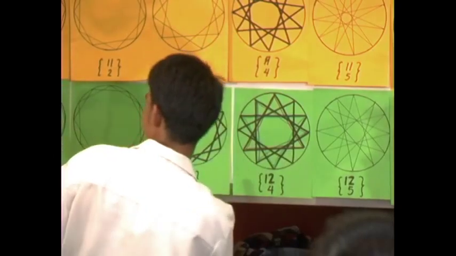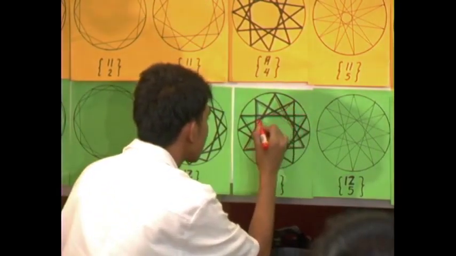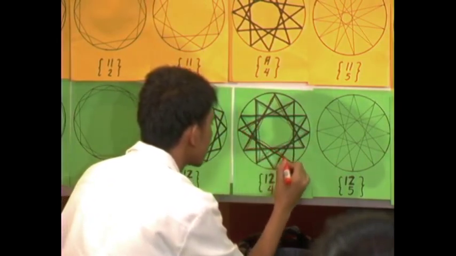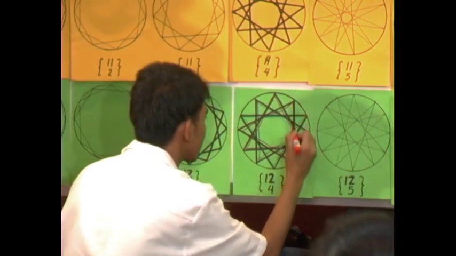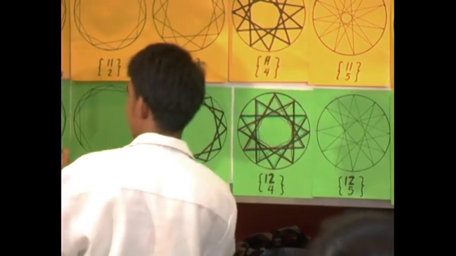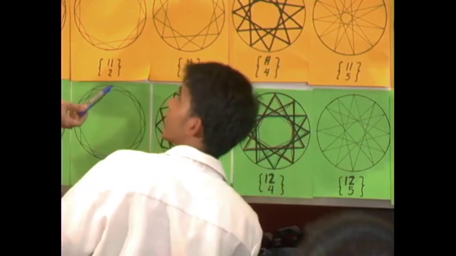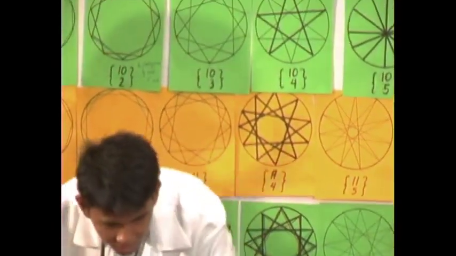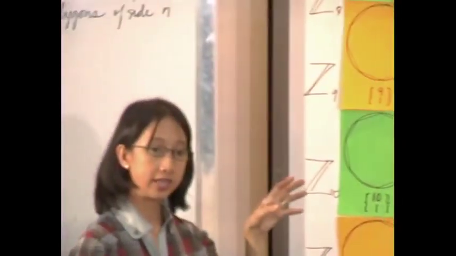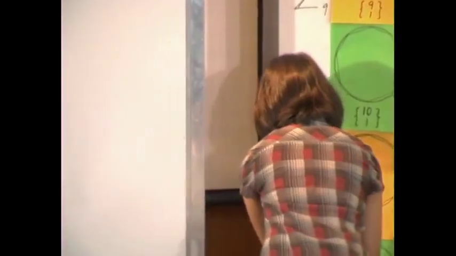Red again. 3. And 4. Where's the 4th one? The red one. Okay, so we were able to produce 4 polygons, each of side 3. Okay, so how do we generalize that?